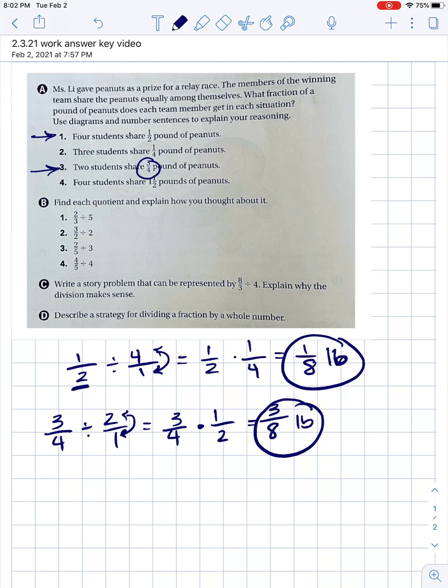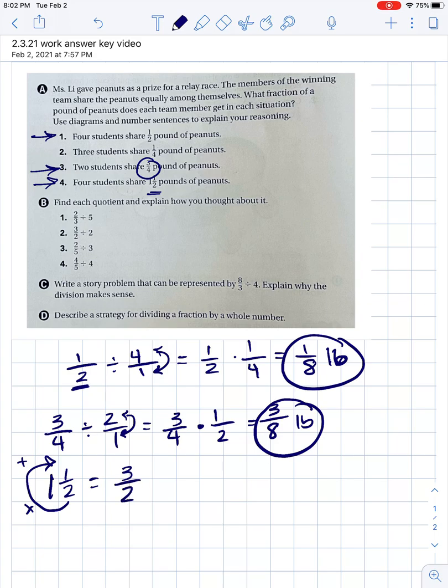I wasn't going to do this, but I noticed that this is our only mixed number. So really quick, let's just do that one too. Number 4 here, 4 students are going to share 1 and 1/2 pounds. Well, let's take that and turn it into an improper fraction. So remember, we'll do that by multiplying and then adding. So 2 times 1 is 2 plus 1.